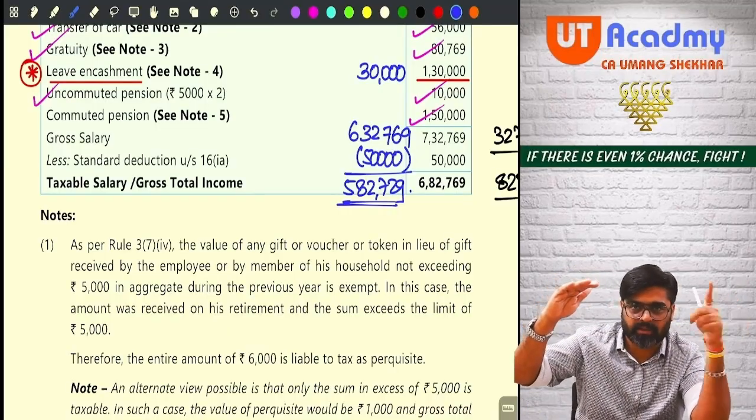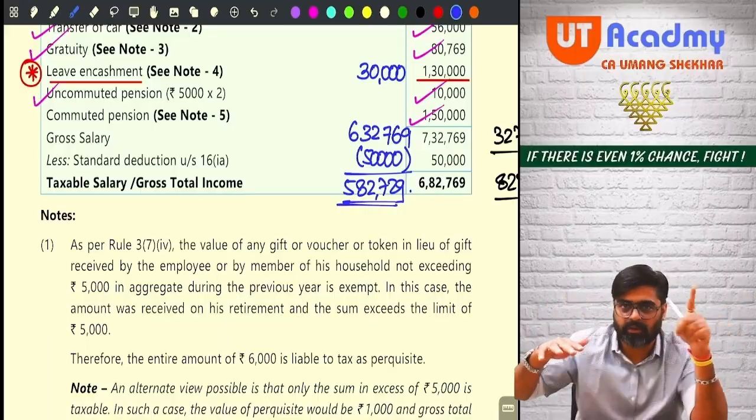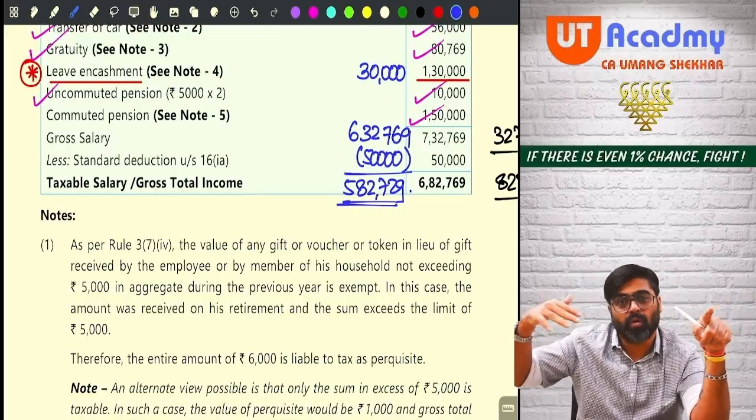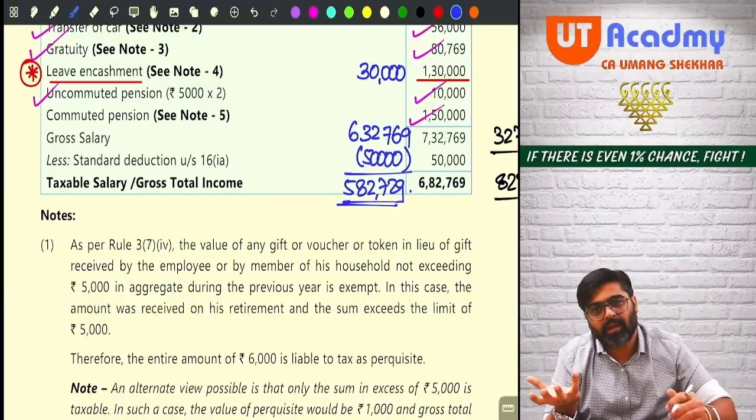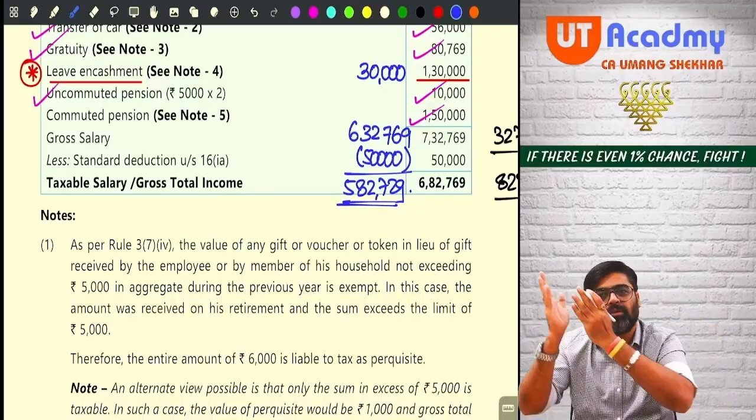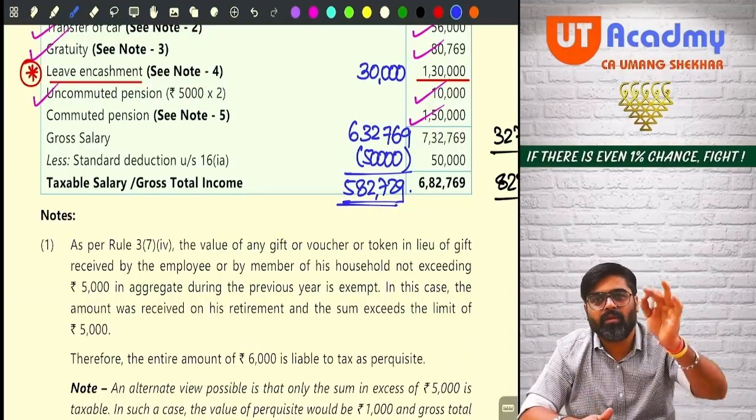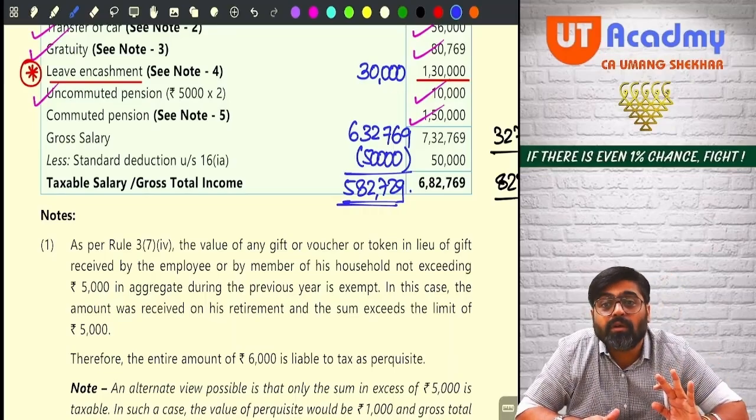After taking standard deduction, this much amount. Other heads, nil. No clubbing, no set off. So total will be the same, which is your salary income. That only will become your gross total income, which they are telling you to calculate. Understanding? Shall I move ahead?